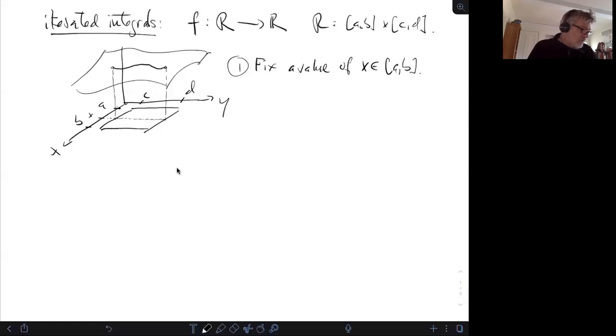So what I'm going to do is to look at the graph of this new function. So consider the one variable function. This is a function of y. It depends on y, right? So g of y will be f of x, y. So x is fixed.